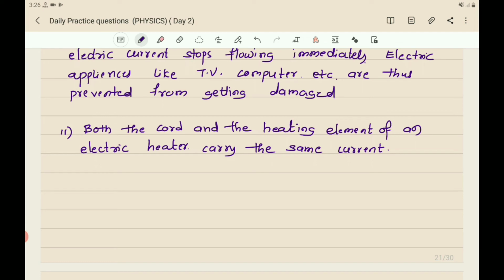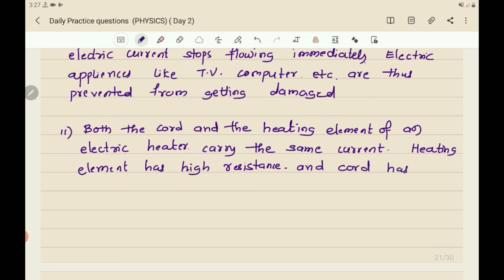And you write that heating element has high resistance and cord has low resistance.